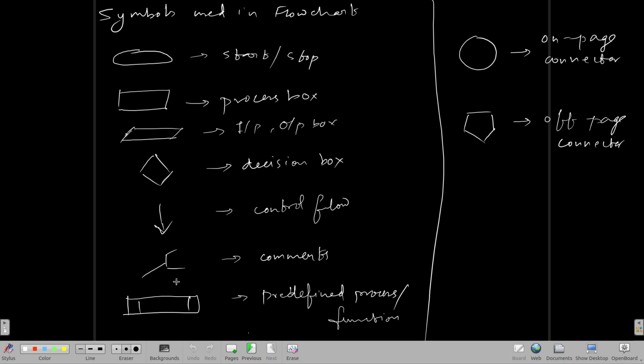Then comments, predefined process or function. Many times you may have to use certain things that are already defined.